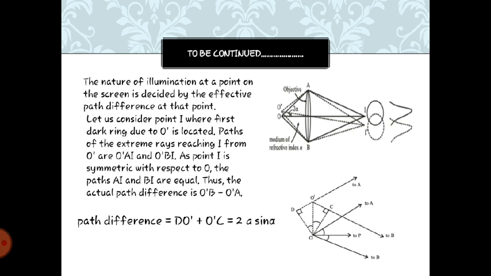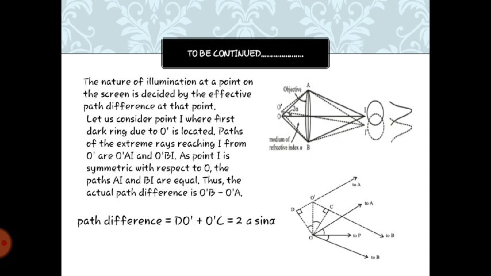As point I is symmetric with respect to O, you can see over here it is very symmetric with O. The paths AI and BI will be equal, because O is symmetric with I. Thus, what will be the actual path difference?